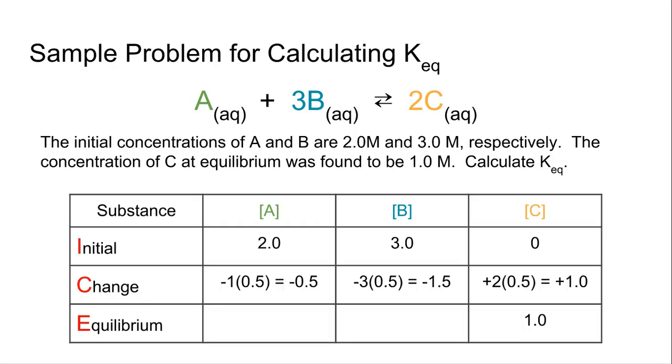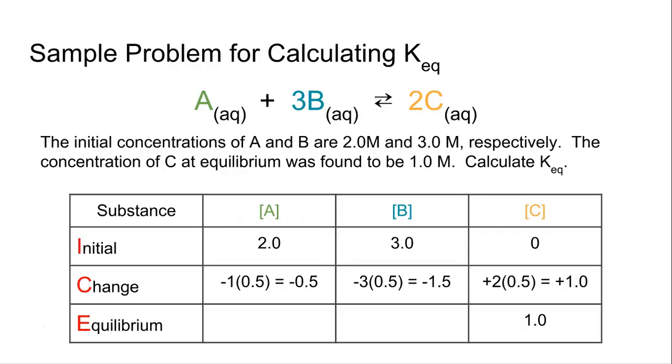So you can see in C that plus 2 times 0.5 equals plus 1.0 as the change, giving us an equilibrium of 1.0. You can also see that B is going to lose 3 times 0.5, or minus 1.5. A is going to lose 1 times x, or 1 times 0.5, giving us negative 0.5 for our change.